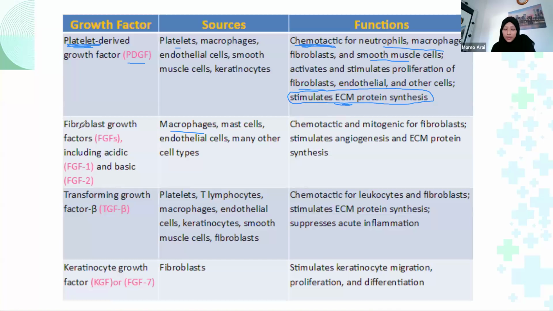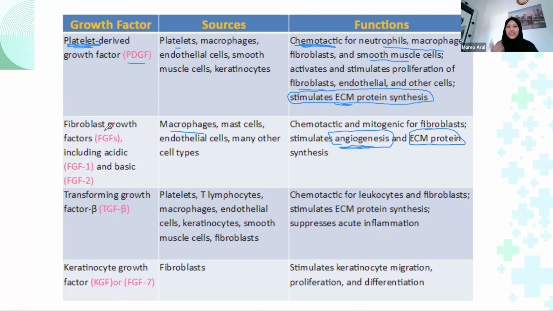The other thing is fibroblast growth factors. I guess this is more important because it has a unique function, which is angiogenesis, okay? And this one, ECM. So angiogenesis, from the name, like I said, it's the making of new blood vessels. Now, I know the name is confusing, even it got me confused when I was studying.